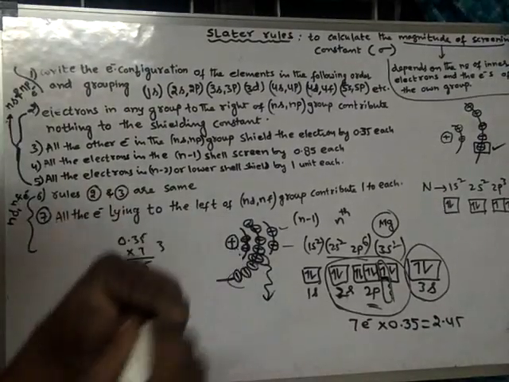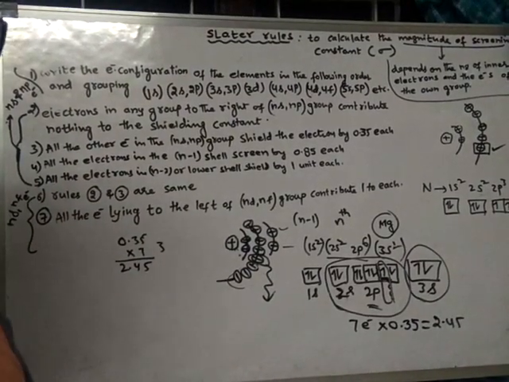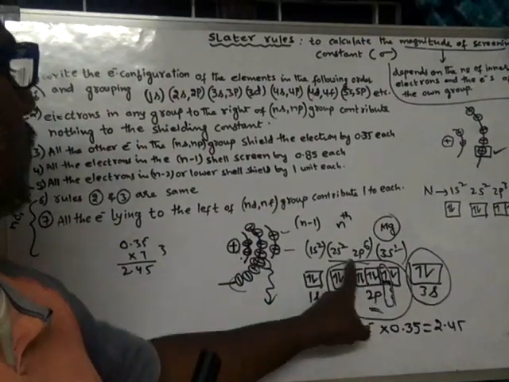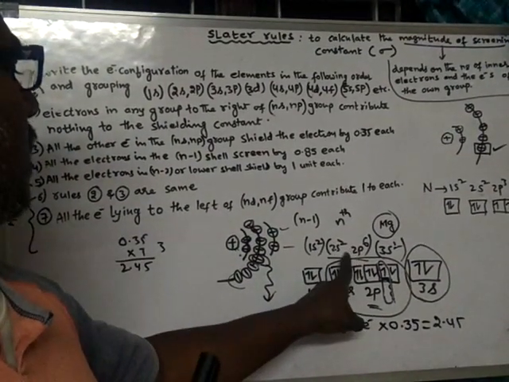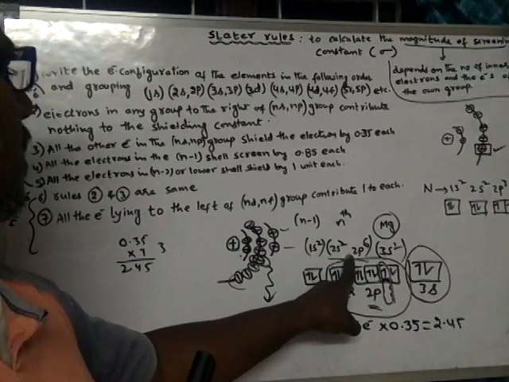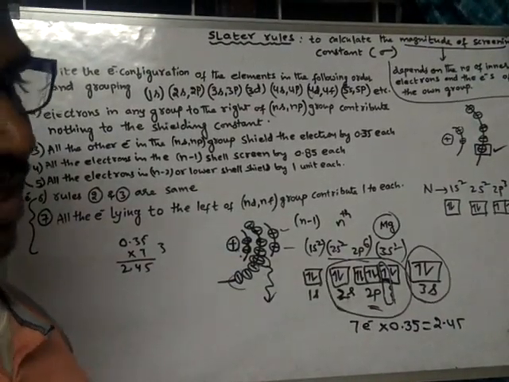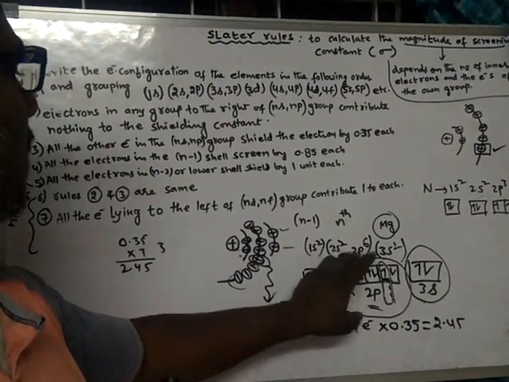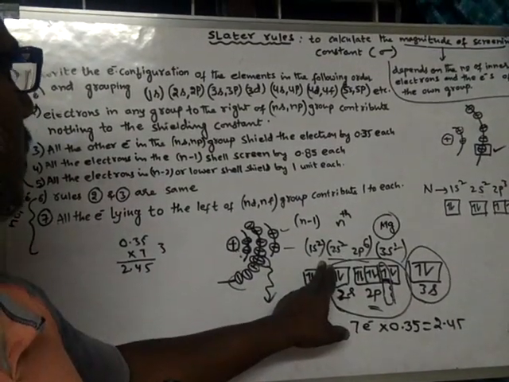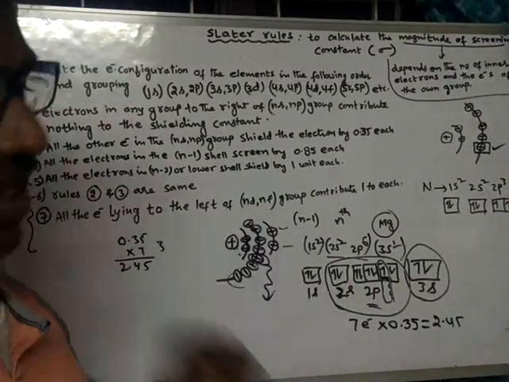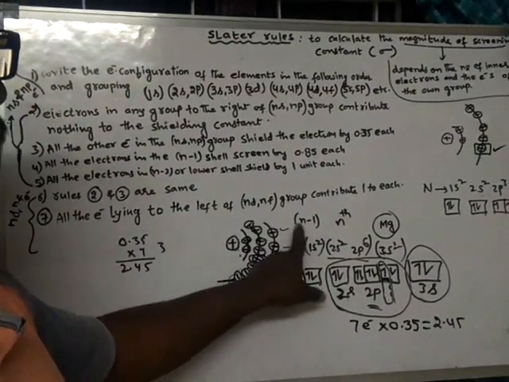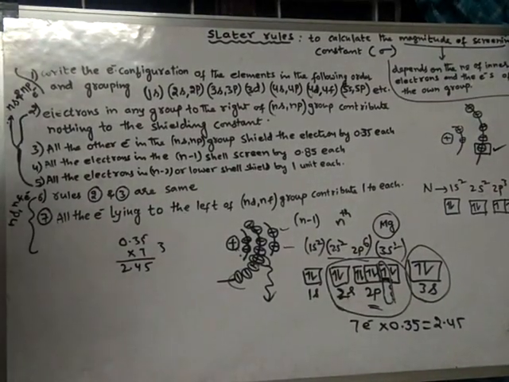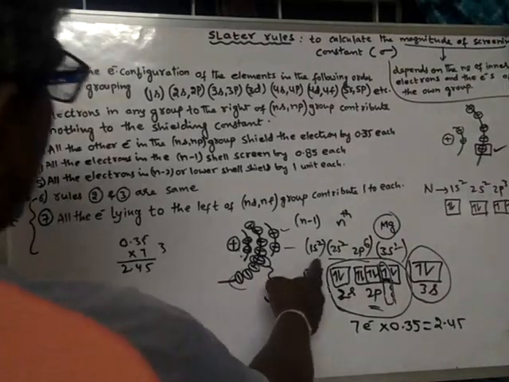The group where the electron is present is said to belong to the nth shell, and the groups present towards the left side will become the n-1 shell. So this will be the n-1 shell, and this will be the nth shell.